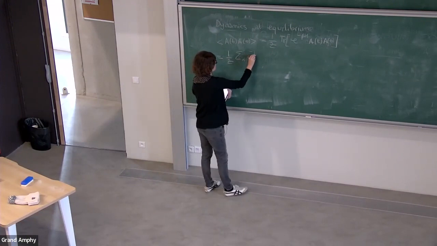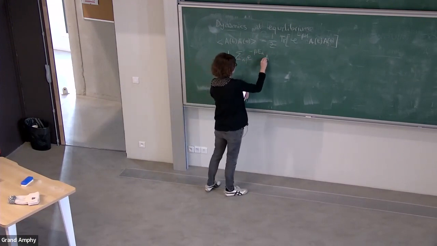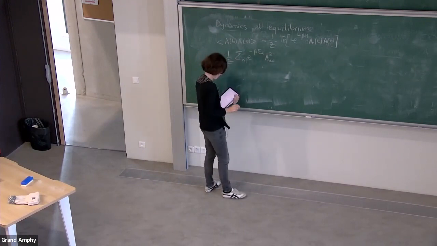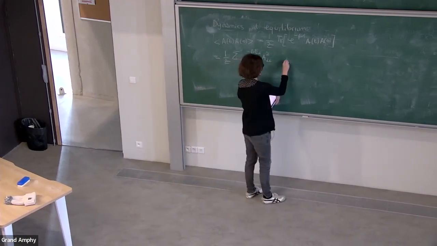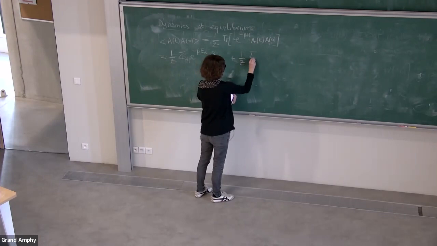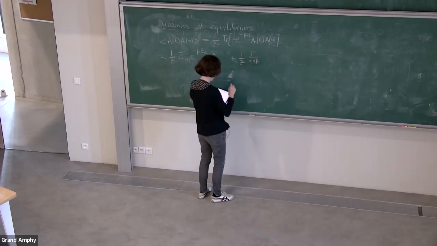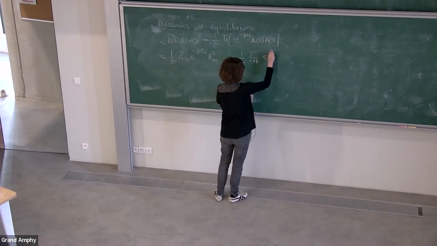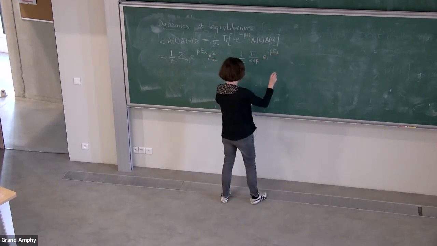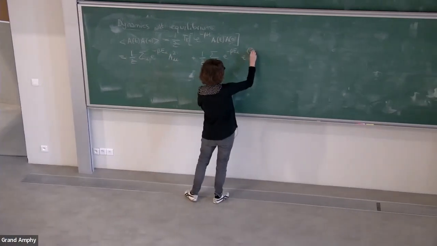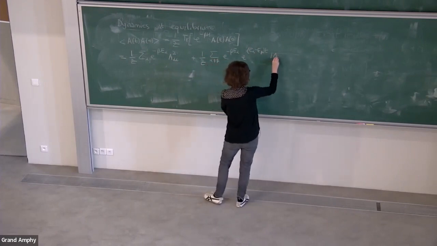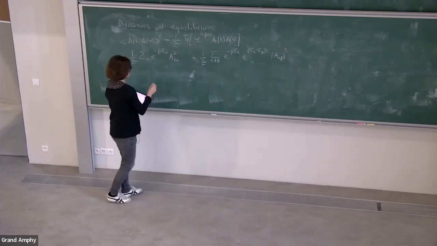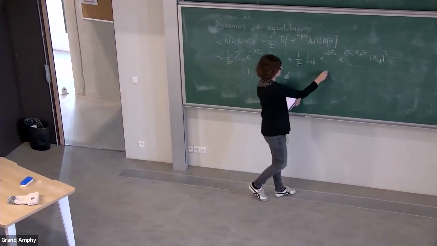It is given by two different terms: a diagonal part, which is time independent, and an off-diagonal part, which contains the information about the time. I call this one term one, and this term two.